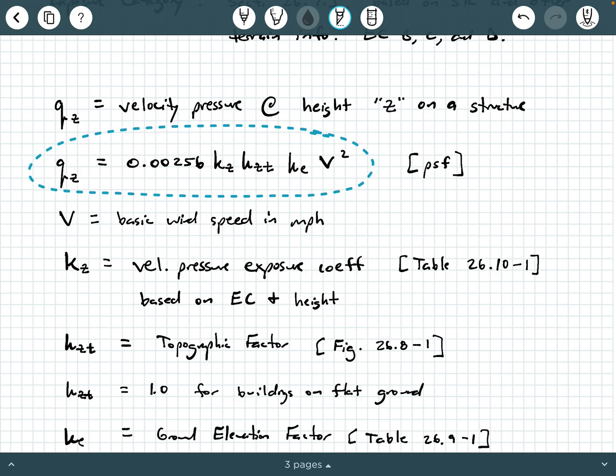And again, this is a really important value. It is a pressure in psf, but typically you don't stop there. You're using this QZ value to perform other calculations related to those different chapters we talked about at the beginning of this video, chapters 27 through 30 in particular.